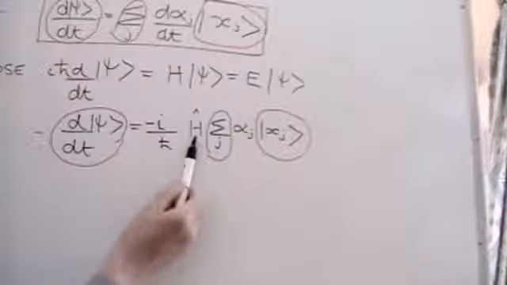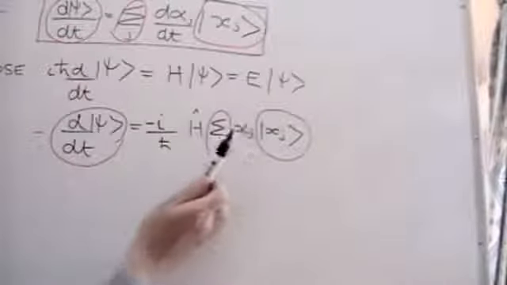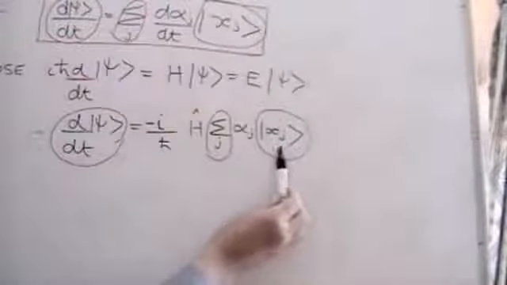But before proceeding with the consequences of that, let's just think about H acting. What's it acting on? It's not acting on the probability amplitude, it acts on an eigenvector. And the eigenvector is xj. What does H do when it acts on xj? It produces the eigenvalue, which is ej.